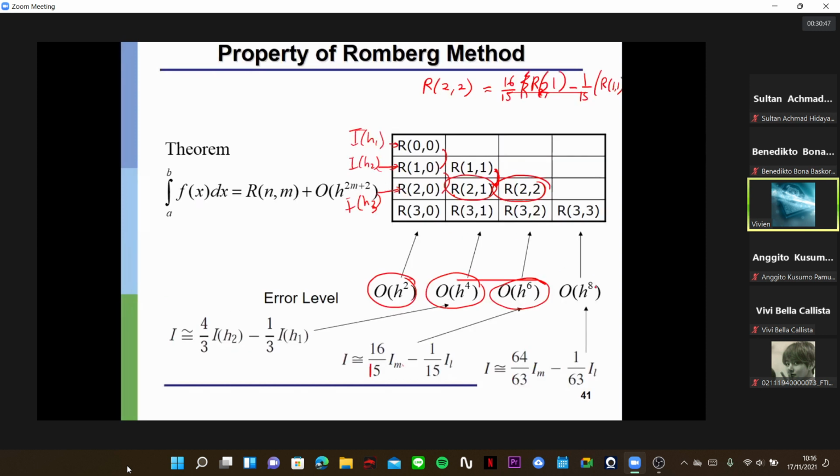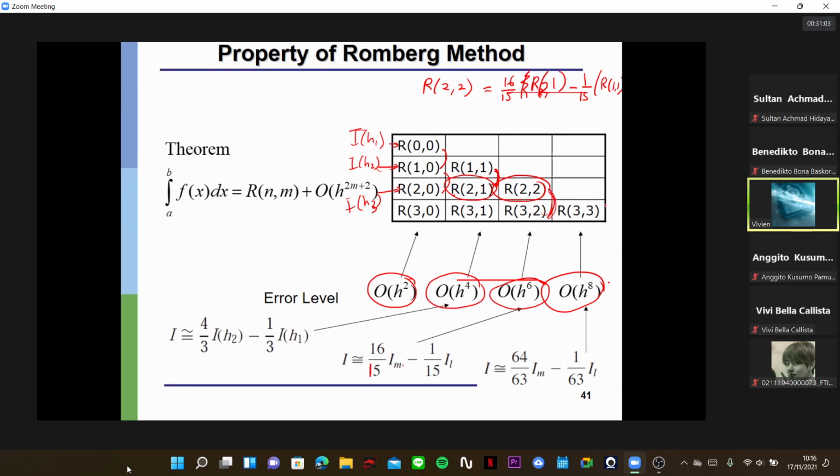Again, if you want to increase to a higher order, the error will be eighth order, so we can combine these values together.